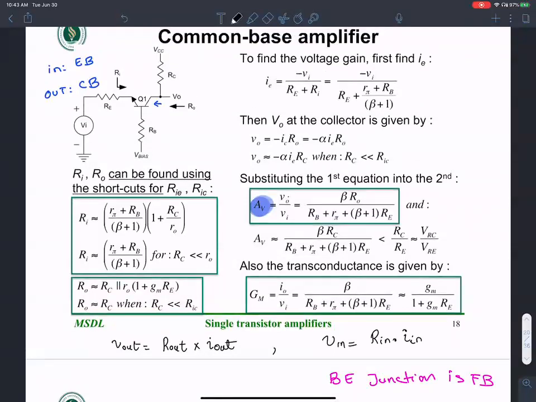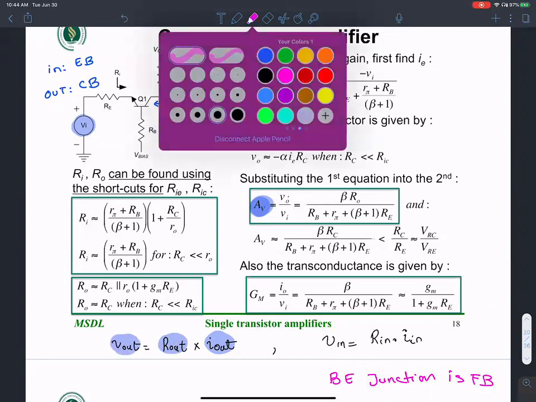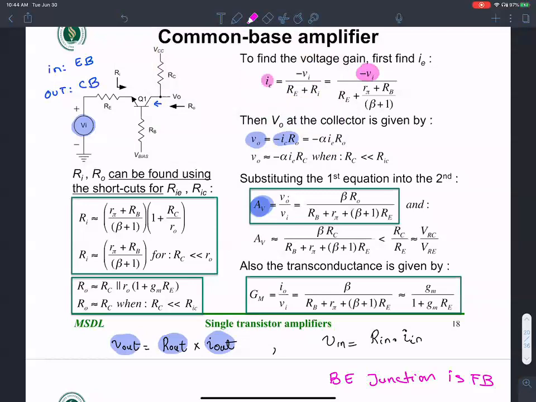Input is on the emitter, therefore I input is this guy. V input therefore is going to be I input times this guy, IE times this guy. Similarly, V output is going to be I output, which is IC times R output, which is R naught.